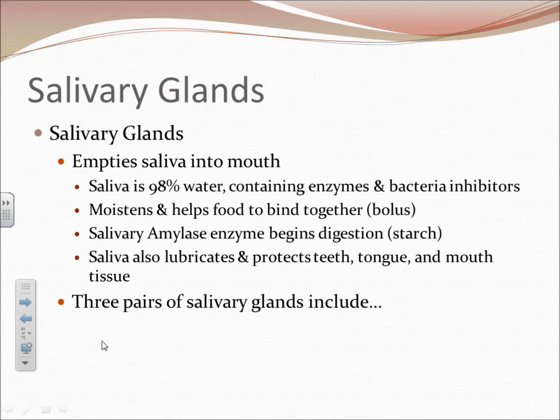It also, though, contains enzymes and a few bacteria. The enzyme in your spit, in your saliva, specifically is called salivary amylase. And it's interesting that this enzyme actually begins the digestion process right in your mouth. So the food that we're eating immediately gets broken down to its smallest components by this enzyme, salivary amylase.